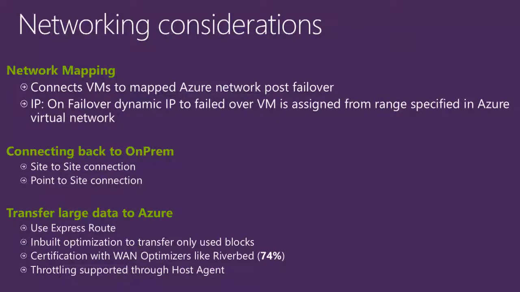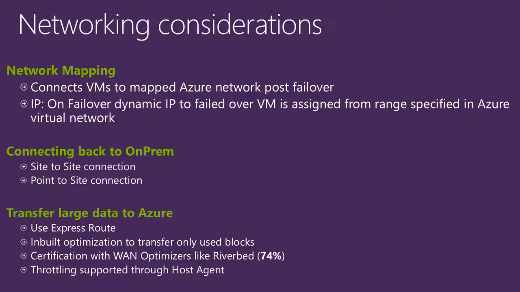Then we have built optimization so that we transfer only the changed blocks. We recently worked with WAN optimizers. We worked with Riverbed, where using a WAN optimizer that's sitting on the edge on the on-premise and in Azure, you could get up to 74% savings on the network.